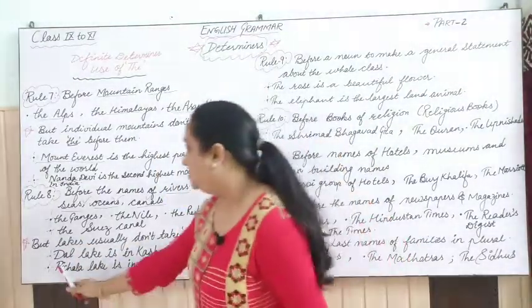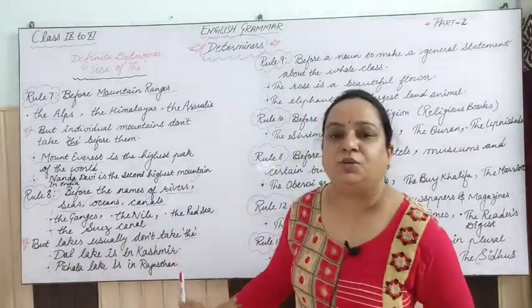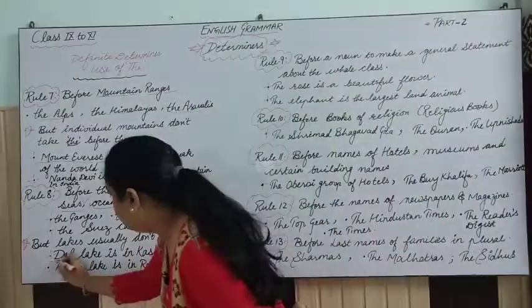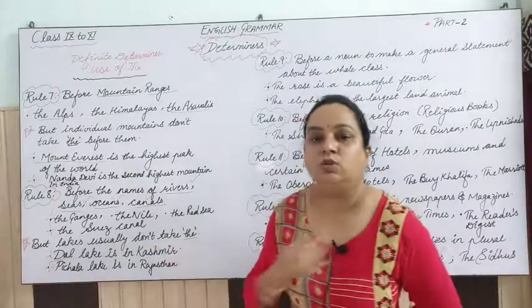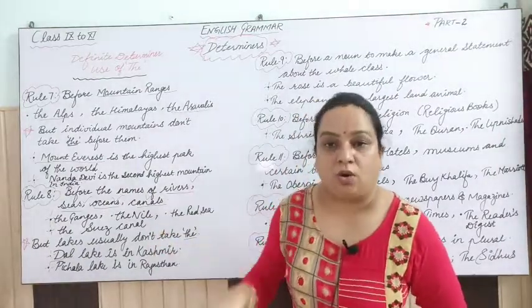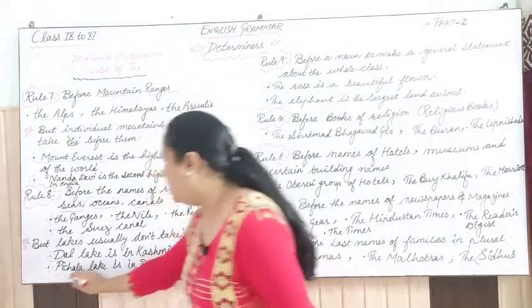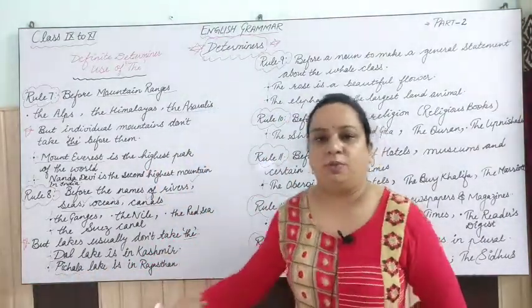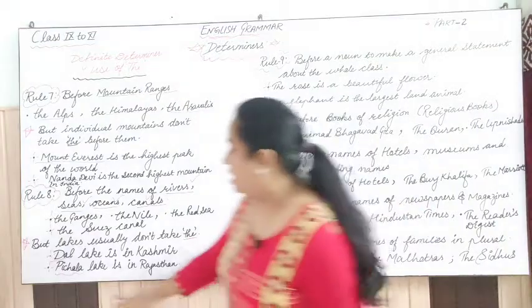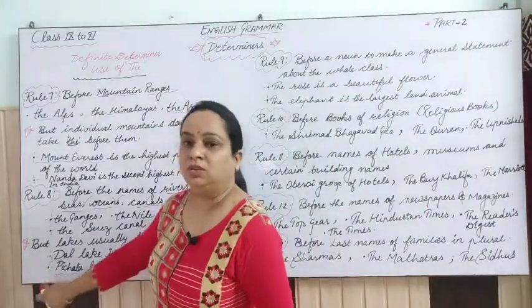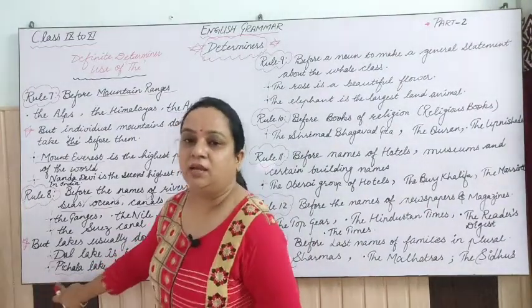For example, Dal Lake is in Kashmir. Dal is the name of the lake and we are not saying the Dal Lake. It's wrong, okay, because this is the name of a lake. Next is Pichola Lake is in Rajasthan. I hope it is in Udaipur. So we are not using the here, because this is the name of a lake.